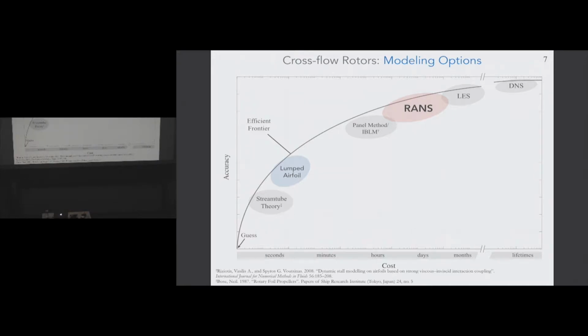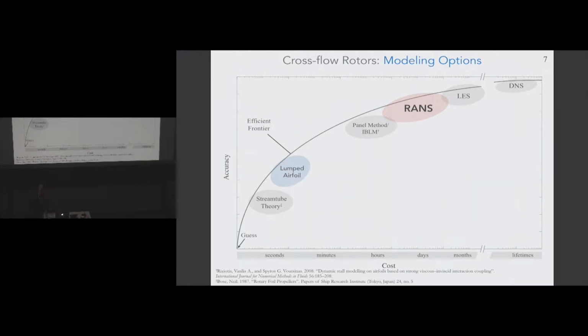You solve the exact partial differential equations which describe fluid flows, on a very fine resolution computational mesh. Unfortunately, in order to resolve all of the vortices on all of the scales at a flow of this size and speed, it would take lifetimes to compute. You just can't do it for something with the size and speed of such a ship.